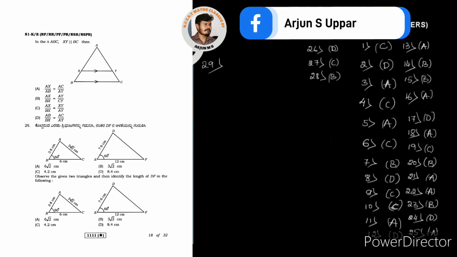These two are similar triangles because 3.8 twos are 7.6 and similarly 6 twos are 12. So now you should multiply 2 by 3 root 2. So here 3 root 2 into 2 is equal to 6 root 2 centimeter. That's why option A is the correct answer for the 29th question. Option A, 6 root 2, is the right answer.